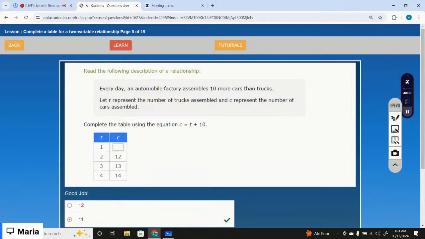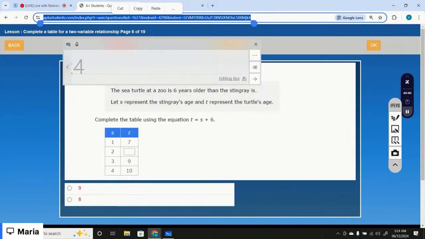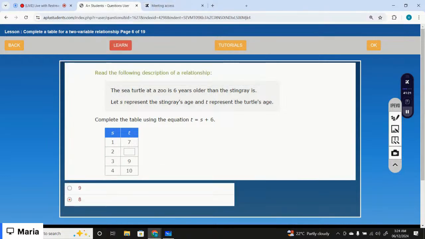Option number 2 is the correct option. The correct option is 6 plus 2 is 8. Option number 2 is the correct option.